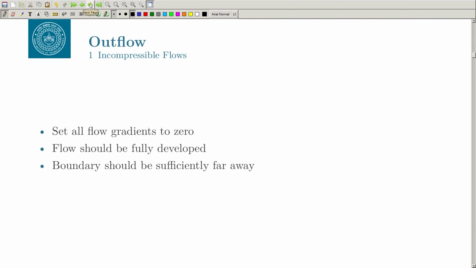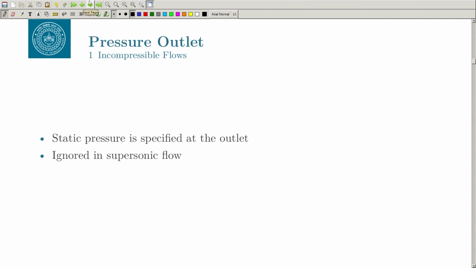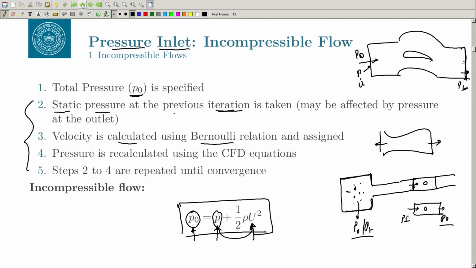Now, you need something at the outlet also. Before I go to outflow, let us go to the pressure outlet. The static pressure is specified at the outlet. As I told you in this example, you just provide this back pressure at the outlet, and the pressure at the inlet will adjust based on the back pressure. And why do we not give the pressure at the inlet also and only at the outlet?